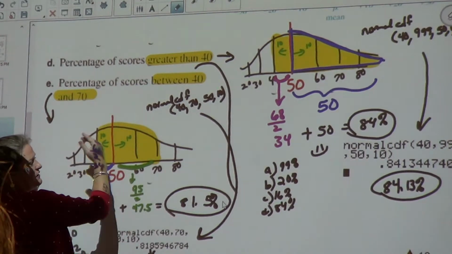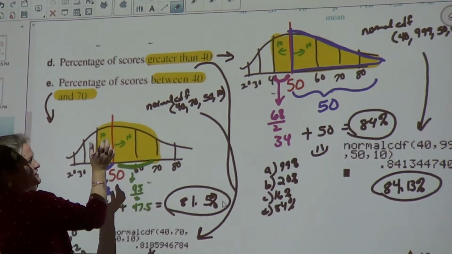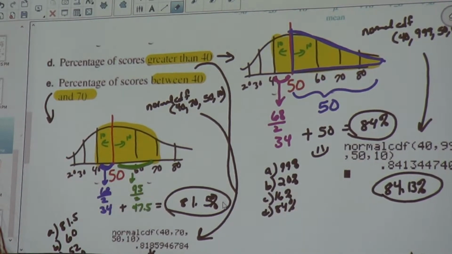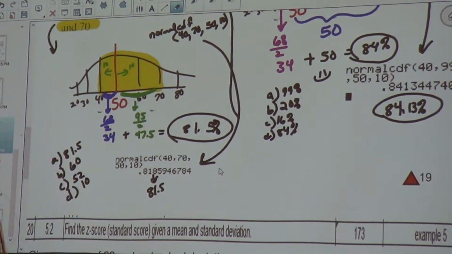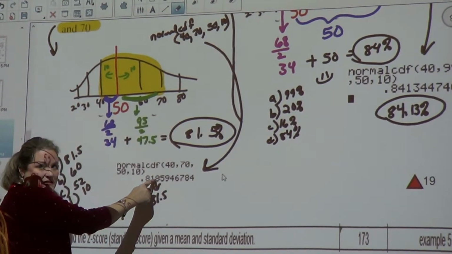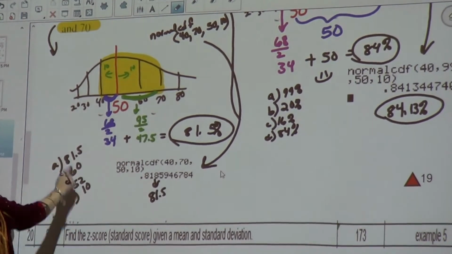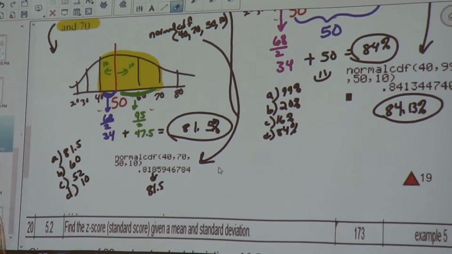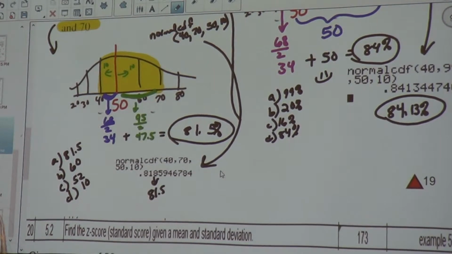My right? 70. My mean? 50. My standard deviation? 10. When I type that in there and do my normal CDF, I get 81.8. Well, 81.8 is not going to be an answer, but 81.5 is. Cool?